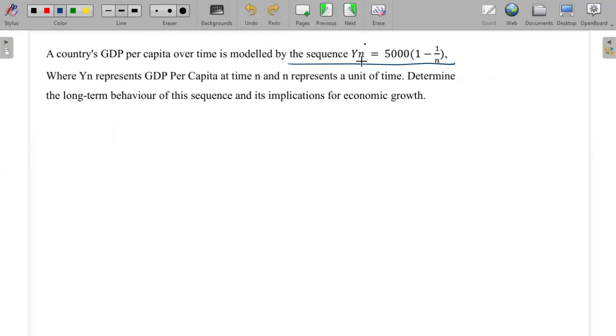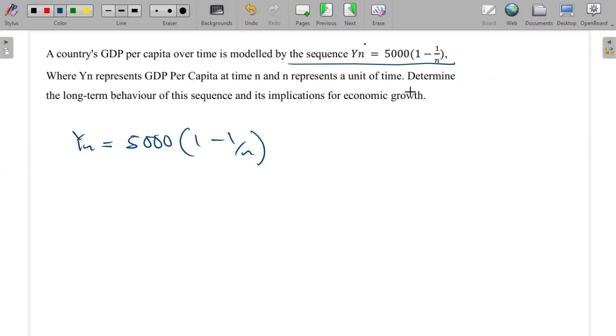But for this sequence, we've been given that yn is equal to 50,000 times 1 minus 1 over n, where yn represents the GDP per capita at time n, and n represents a unit of time, like 1 unit of time.